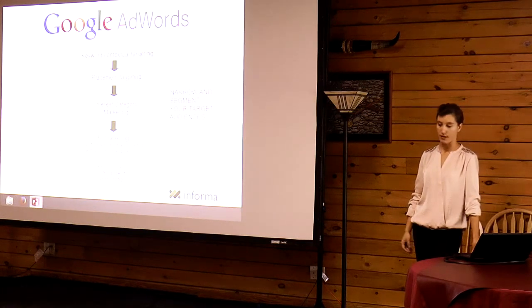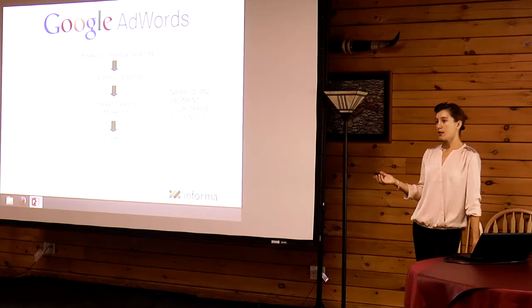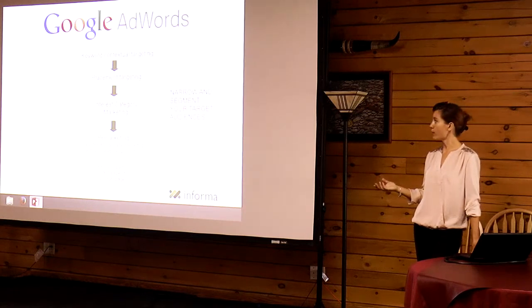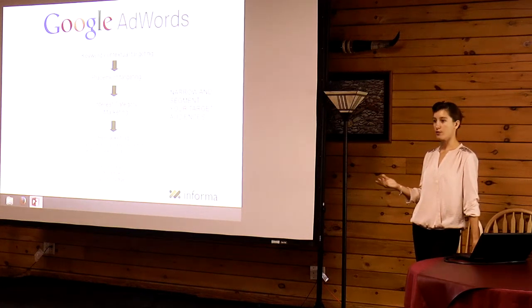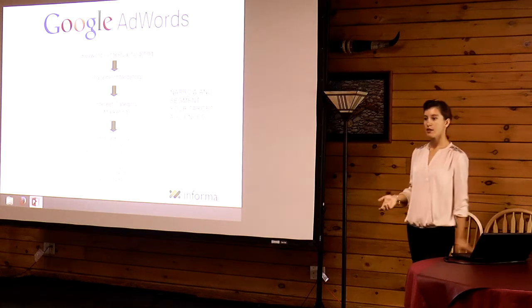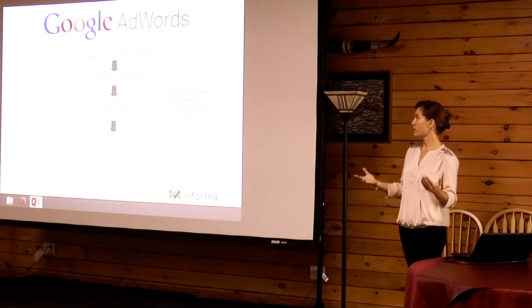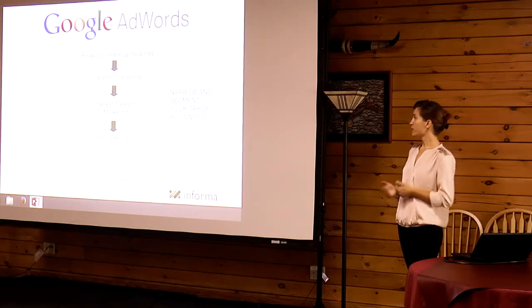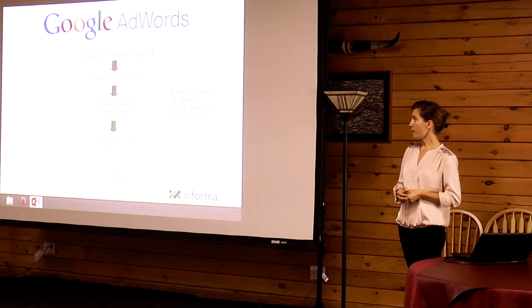That means that you determine keywords related to your business, and then your ads are shown on websites with content related to those keywords. So if you, for example, sell flowers and your keywords are flowers, gardening, and so on, your ads will be displayed on websites related to these topics.